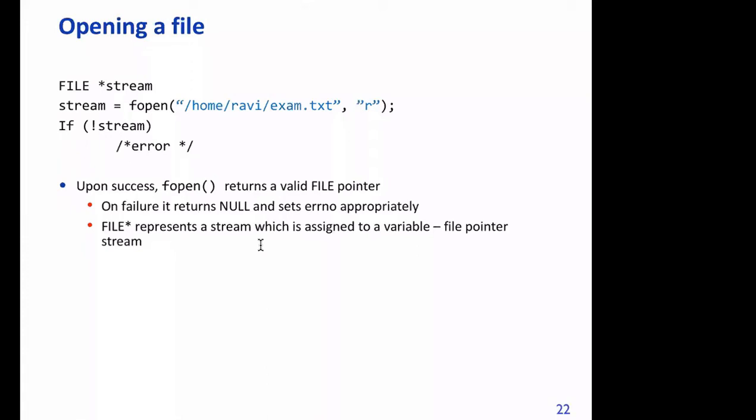On failure, if it's not able to open, it gives NULL, and so instead of giving an integer number which corresponds to the stream, it will give 0 or NULL.